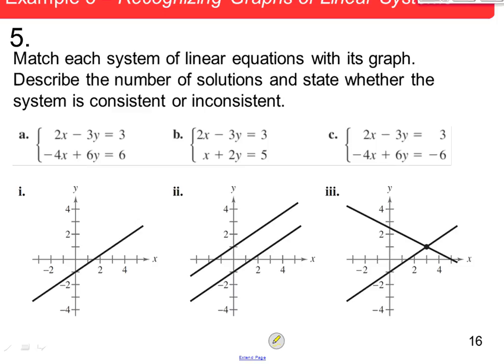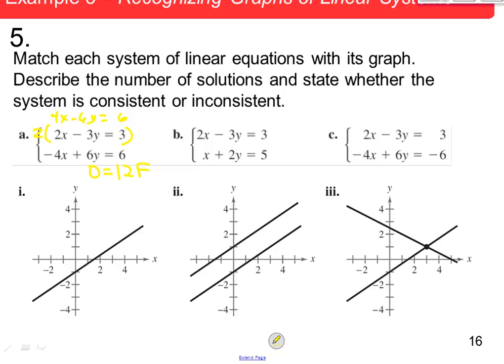If I multiply everything here by 2, I'll get 4x minus 6y equals 6. And if I add that to the bottom one, 4x minus 4x is 0. Negative 6y plus 6y is 0. So that whole side is equal to 0. But then 6 plus 6 is 12, and that's a false statement.